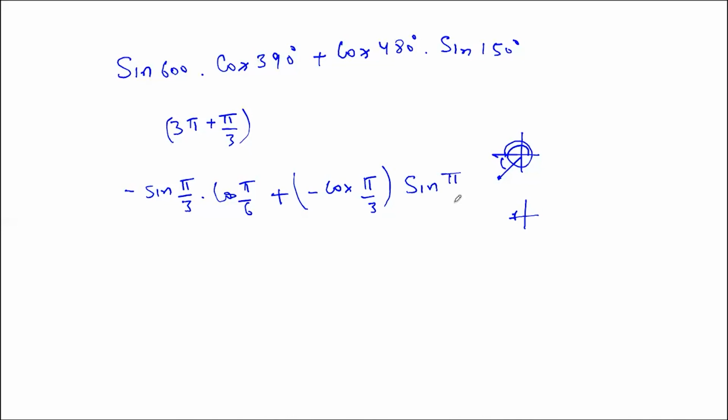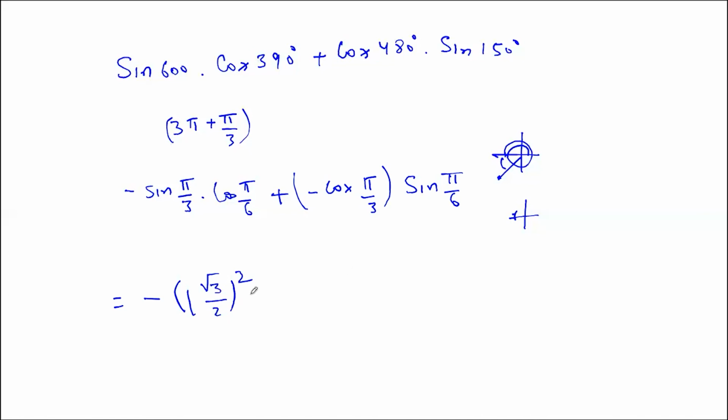And now all the angles are known angles. We know the values of everything. Both terms are the same with a minus sign, so taking minus common, this will be root 3 by 2 the whole square, right? And cos pi by 3 and sine pi by 6 are both the same value, 1 by 2.